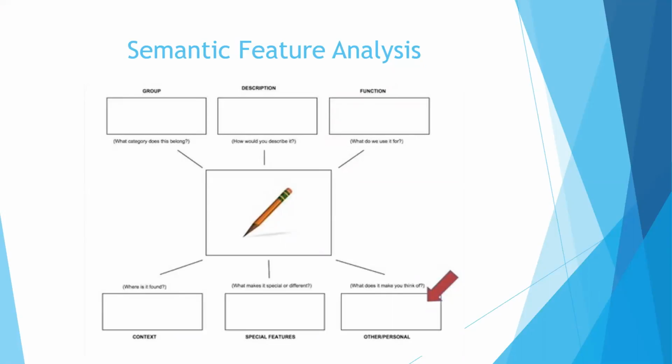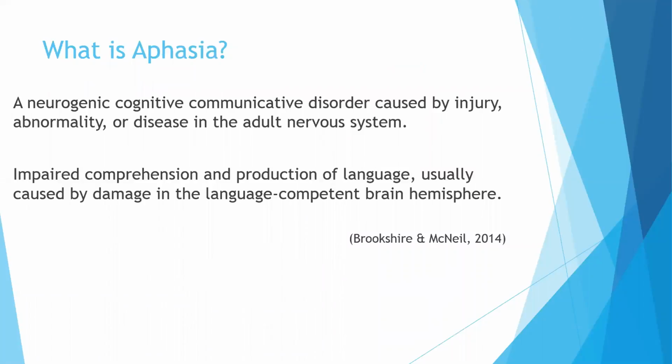What is aphasia? According to our textbook, aphasia is a neurogenic cognitive communicative disorder caused by injury, abnormality, or disease in the adult nervous system. It impairs comprehension and production of language, usually caused by damage in the left hemisphere of the brain.